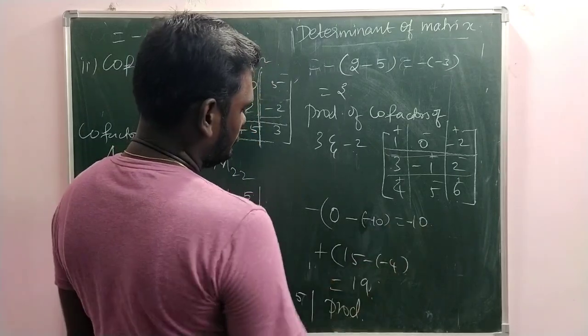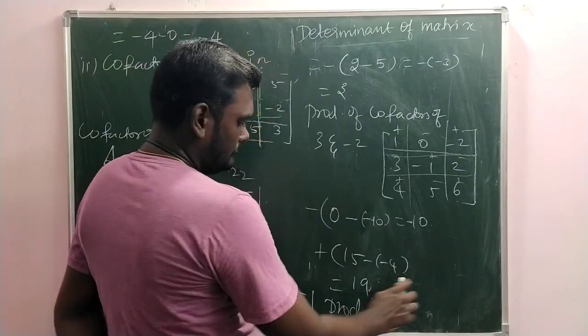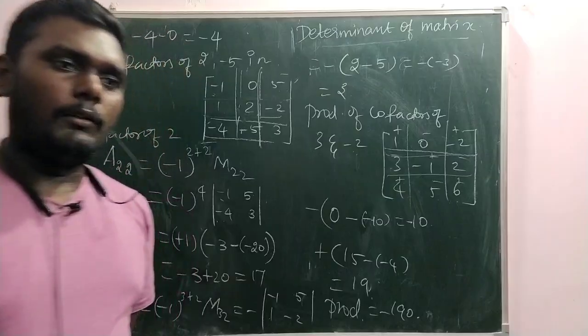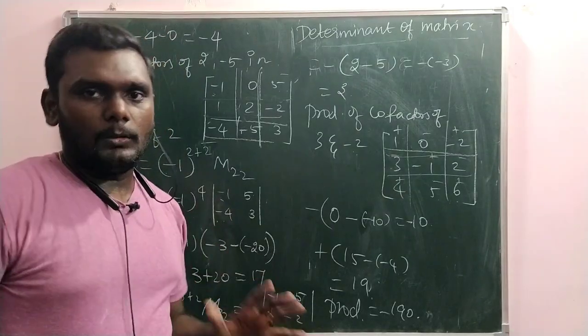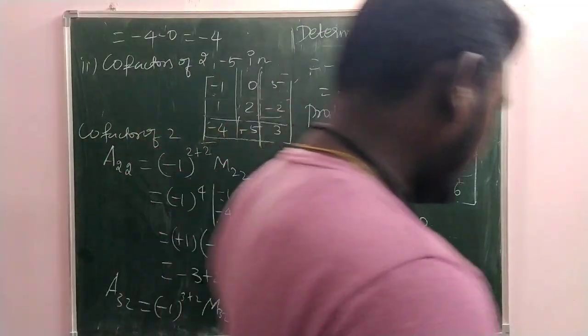Yes, minus 10 (this minus I left). Then the product is minus 19. That is it. Have you understood the difference between minor and cofactor?